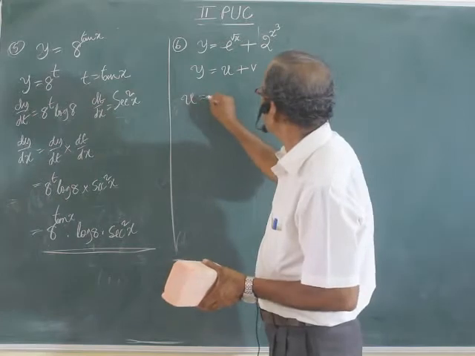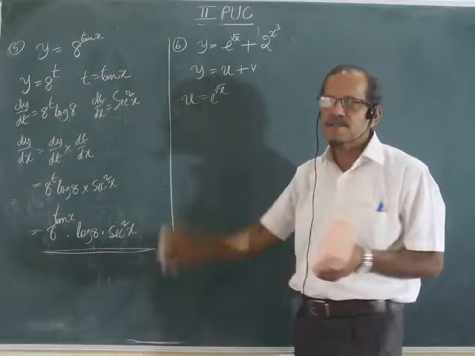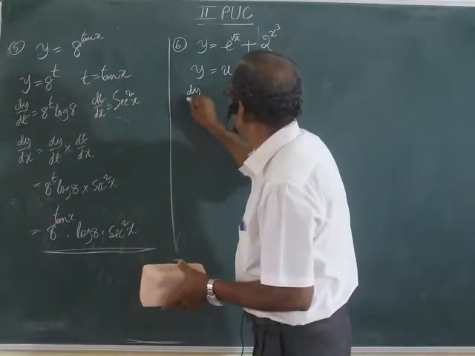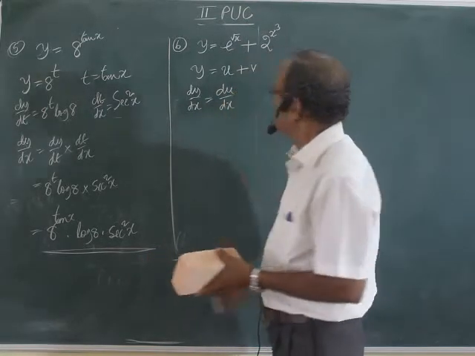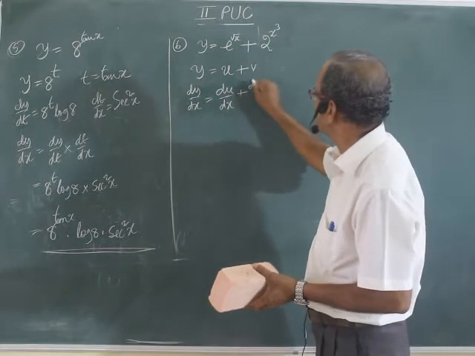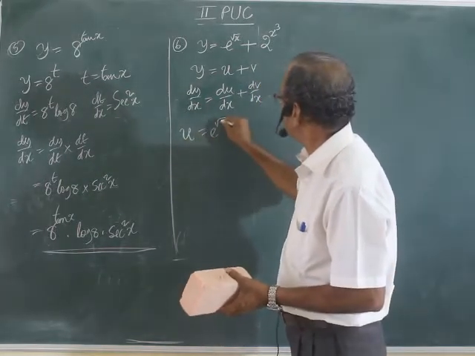Now, U is e to the power root x. Let me find the derivative of this one first. Or shall I write dy by dx first? In order to find dy by dx, du by dx is required. Now U is e to the power root x.